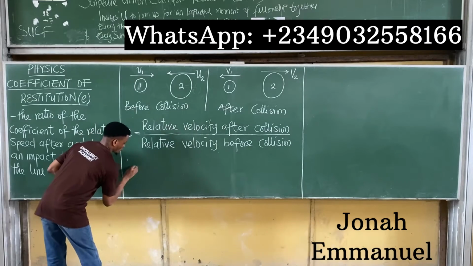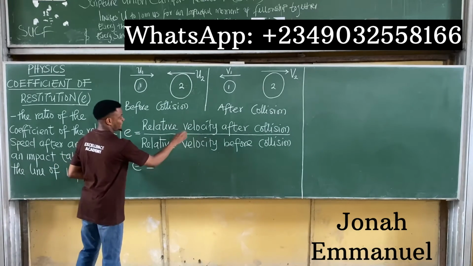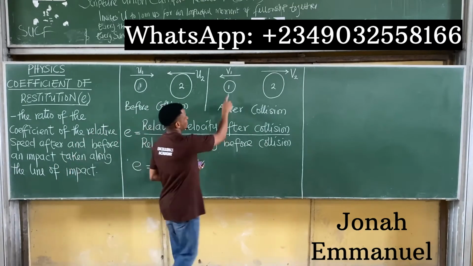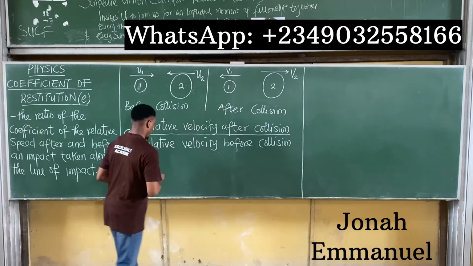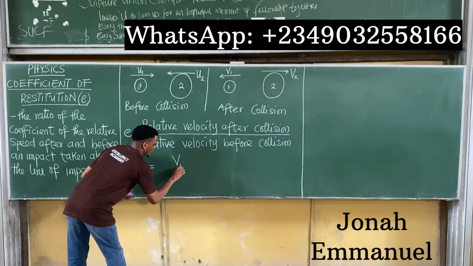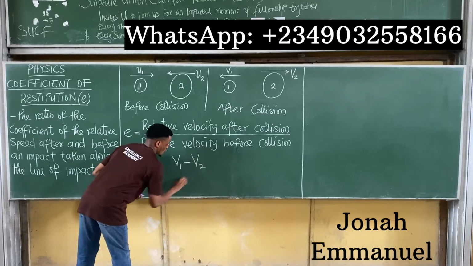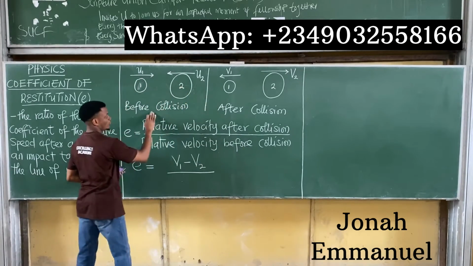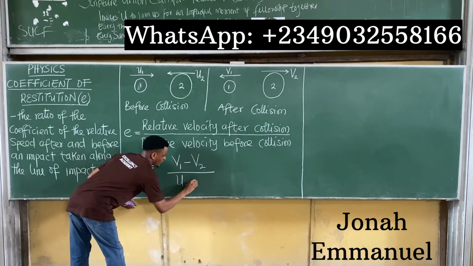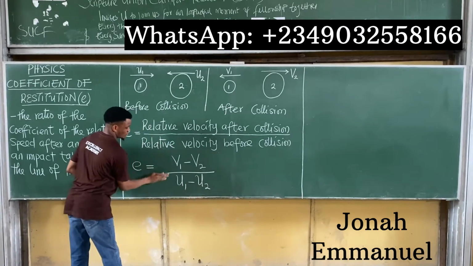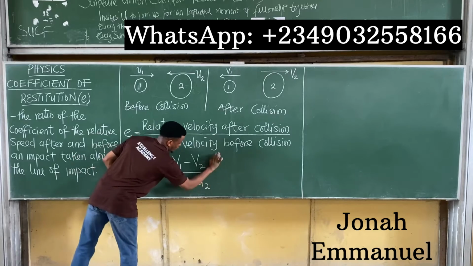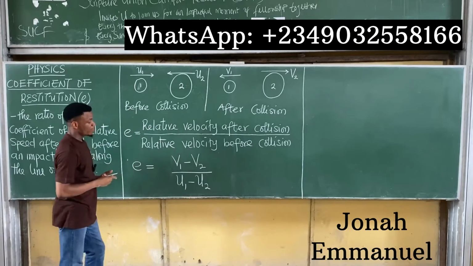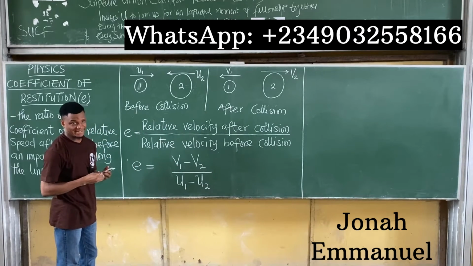So E will be equal to, after collision, v1 minus v2, all over, before collision, u1 minus u2. Now, if I do it this way, probably my answer can give me a negative.